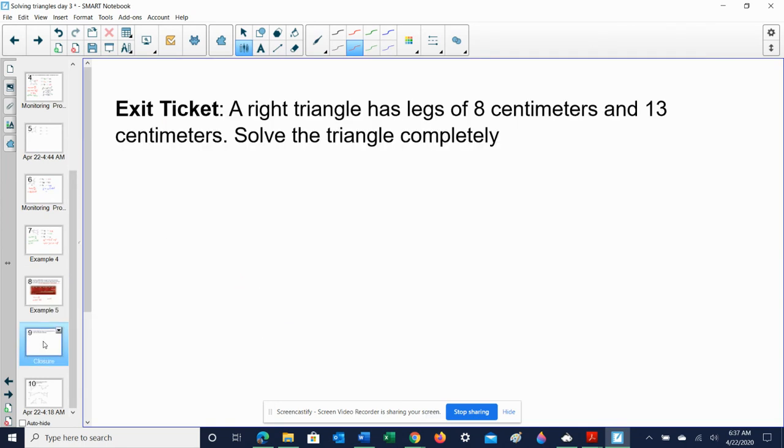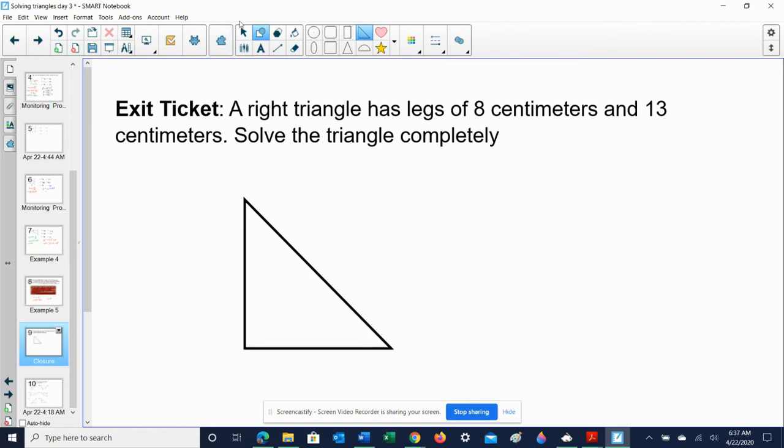Closure. A right triangle has legs of 8 and 13. Solve the triangle. I will leave that for you as well as your practice. What you're going to do as soon as you get a word problem like this is to draw the right triangle. I'll at least set it up for you. What does it look like?